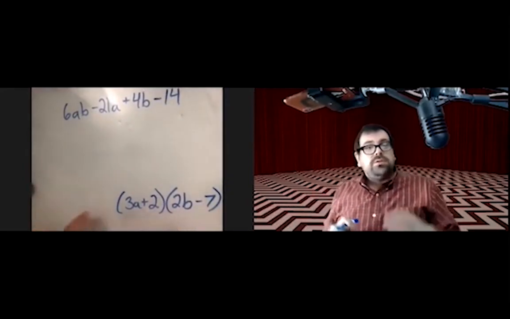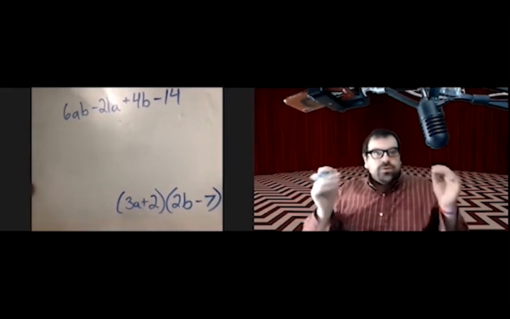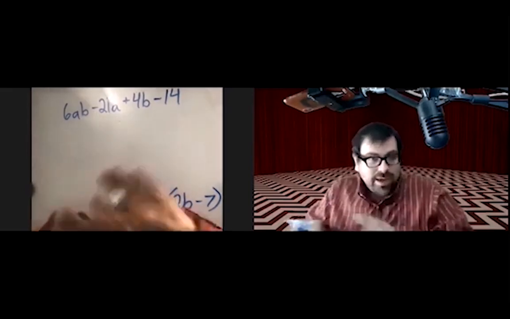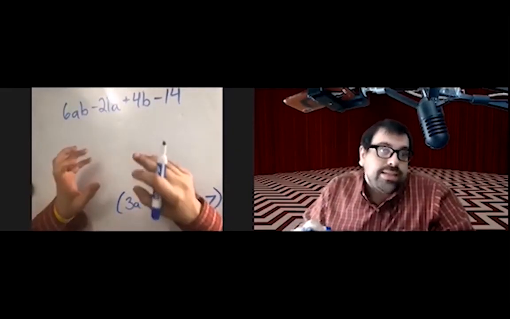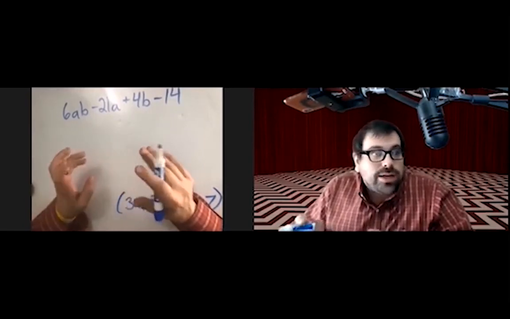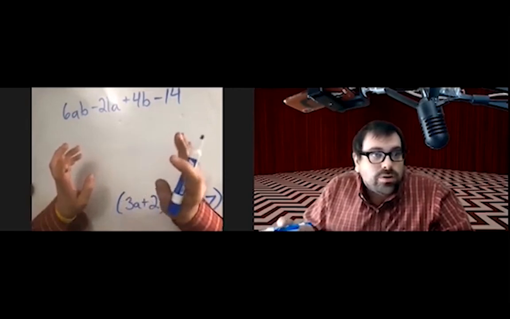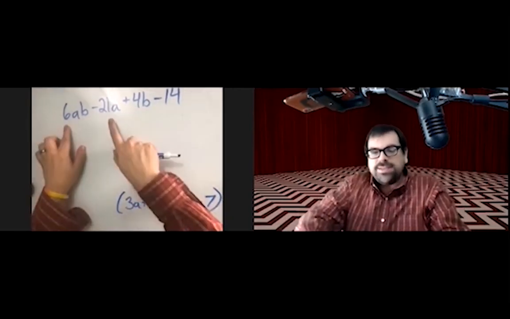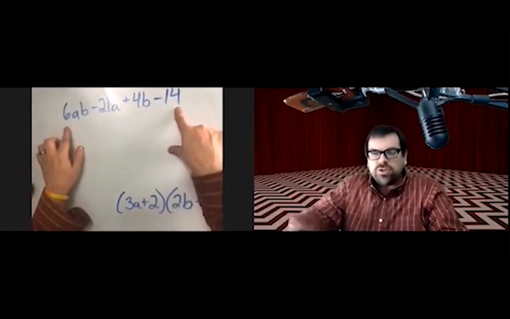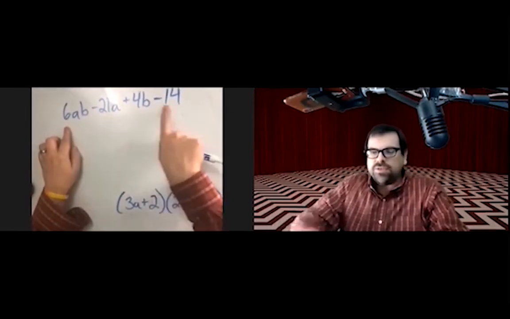So first of all, the first rule of factoring any problem is look and see if there is a GCF to factor out. It has to occur in all 4 terms. 6, 21, 4, and 14 do not have any factors in common.